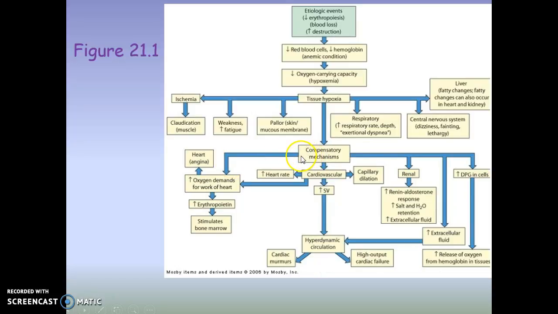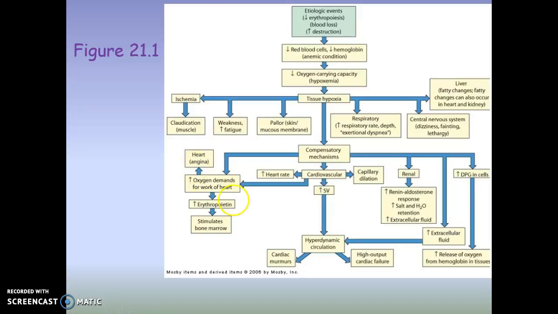With the cardiovascular system, increased oxygen demands for work of heart. So you have increased erythropoietin, which stimulates the bone marrow. With this increased oxygen demand for work of the heart itself, you can end up experiencing angina at the heart.